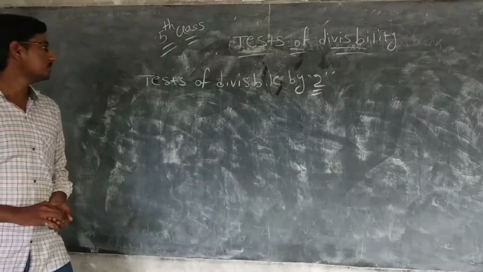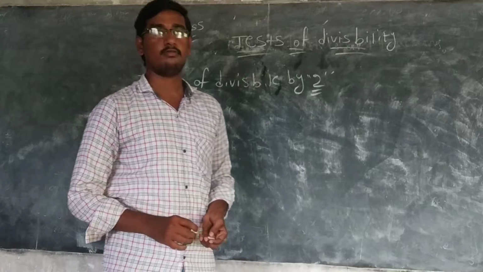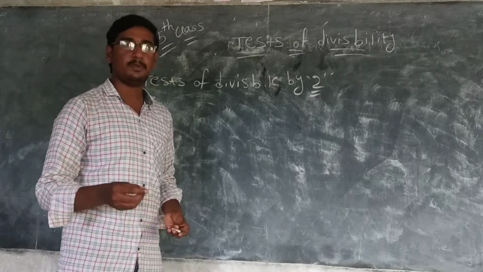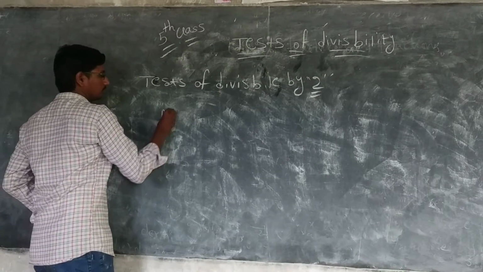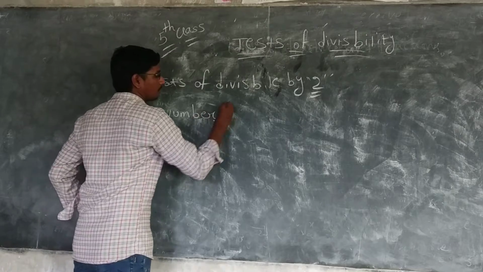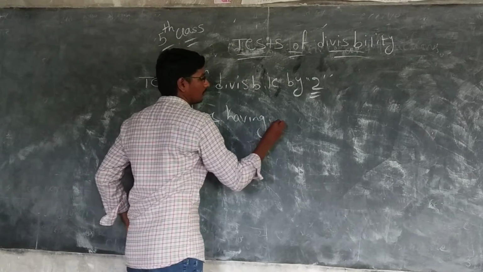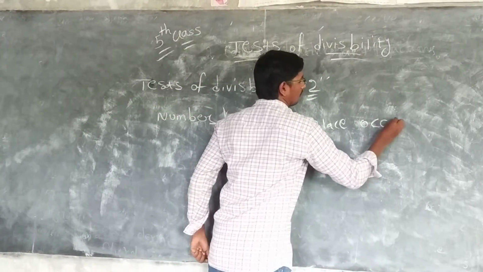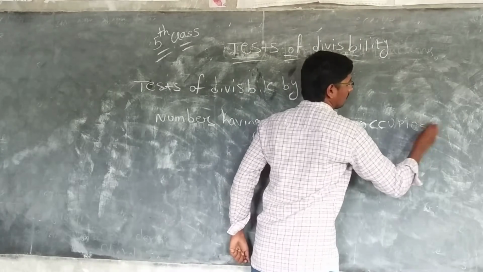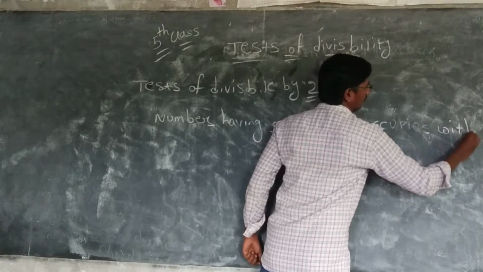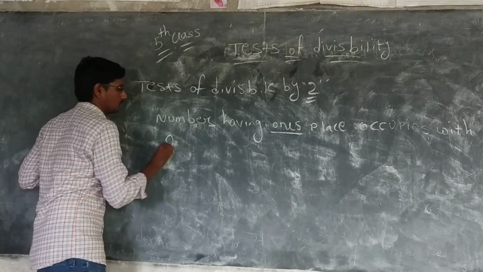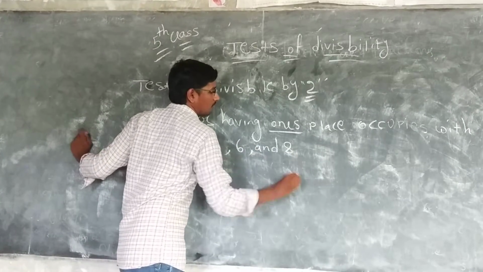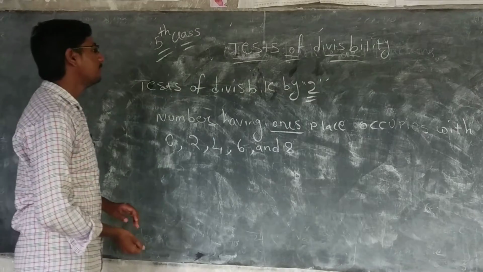First, learn about the divisibility rule for 2. Which numbers have a certain ones place? For example, students, this is the condition for divisibility by 2.